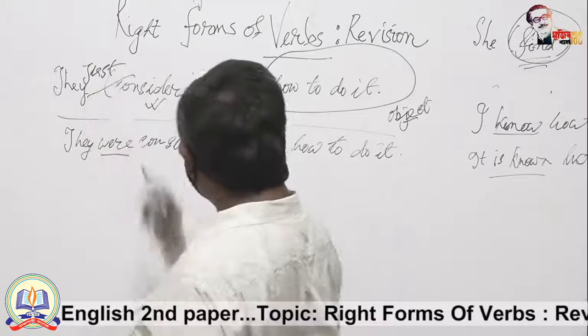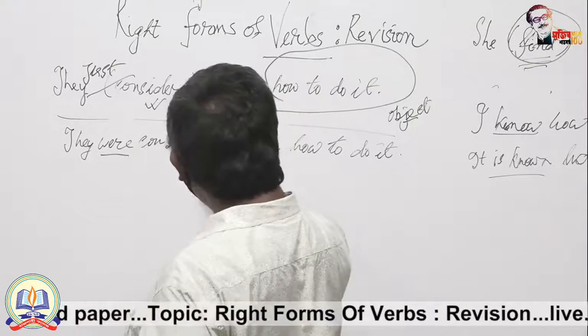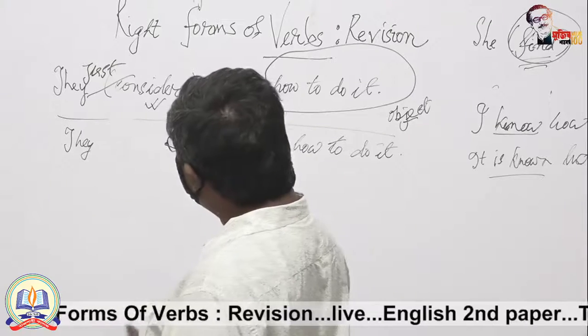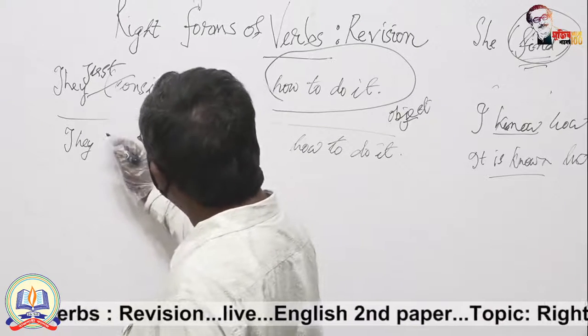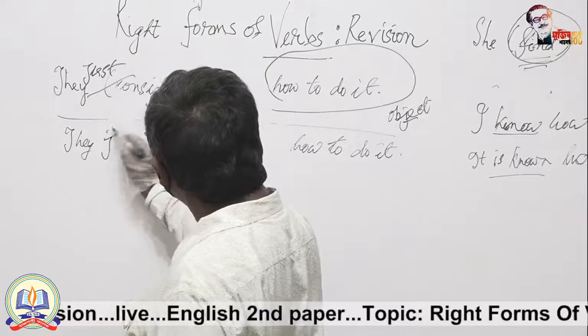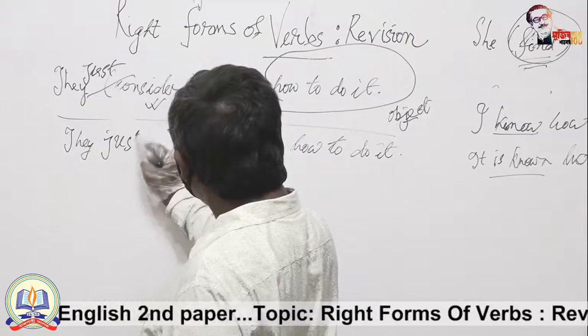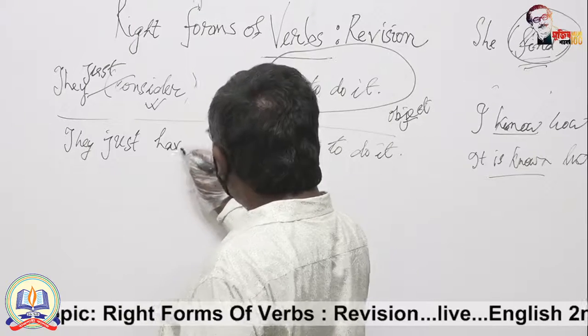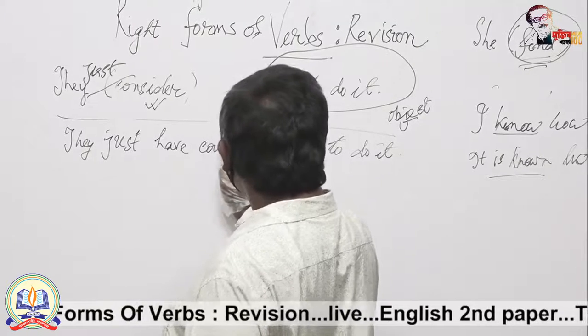For the presence of just, you have to express the verb in the present perfect tense. They just have considered how to do it.